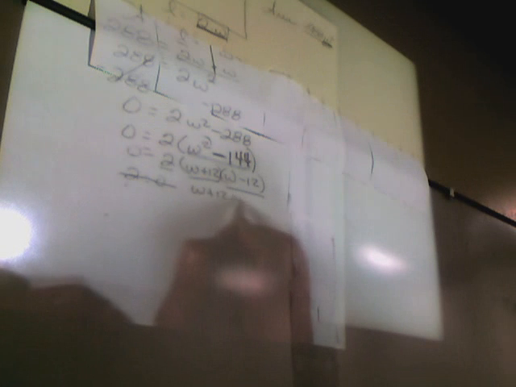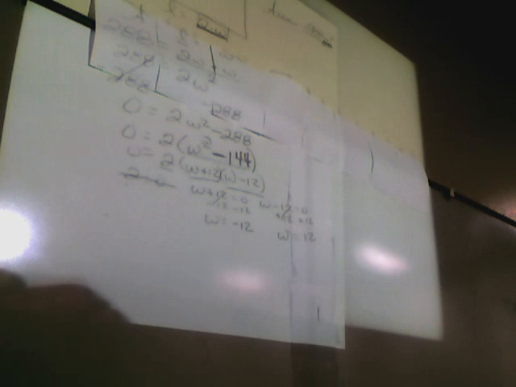We're going to set each one of these factors equal to 0. W plus 12 equals 0, and W minus 12 equals 0. So we'd subtract 12 for the first one. W is negative 12, and the second one we would add 12. The W is positive 12.